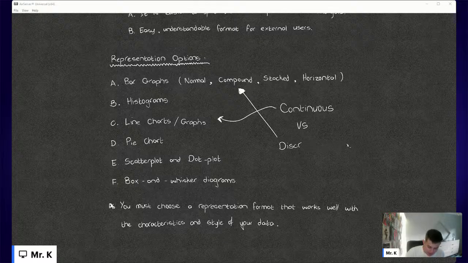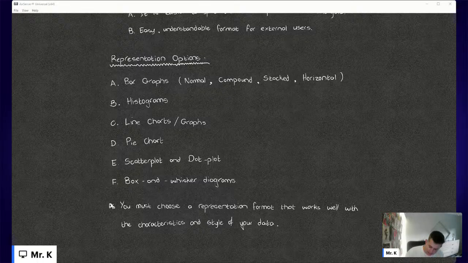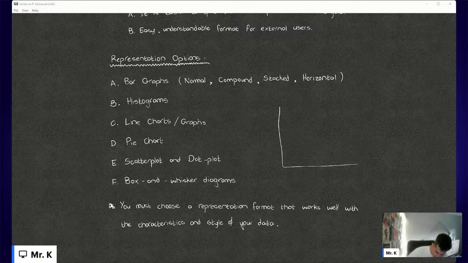So I hope that that makes a little bit more sense. If you guys are wondering what a scatter plot is over here, a scatter plot is a normal set of graph axes, but the information is plotted as data points, as dots, right? And oftentimes, you guys will learn about this later on.